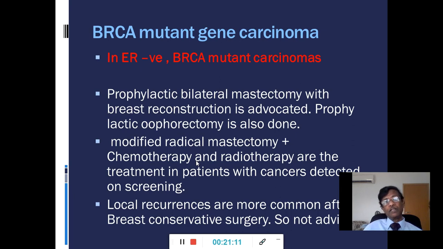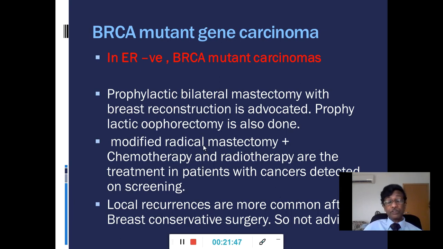The prophylactic bilateral mastectomy is done only in those patients where on screening no malignancy has been detected.